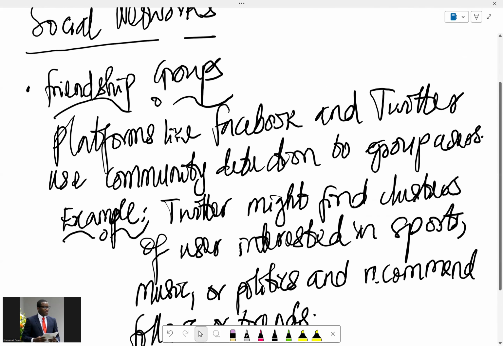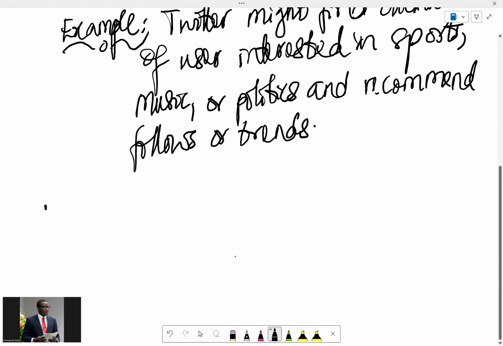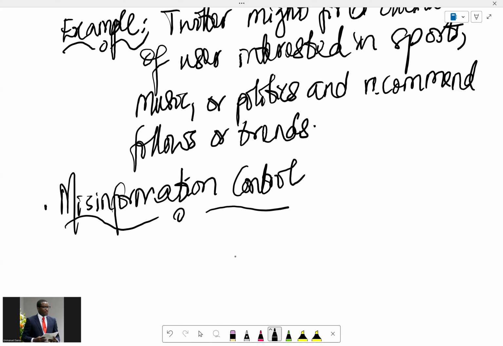Still on social networks, apart from friendship groups, we can also have misinformation control, which is a very big issue in recent times, maybe starting from around 2016. The whole idea of fake news is taking serious dimensions, so misinformation control is really important.